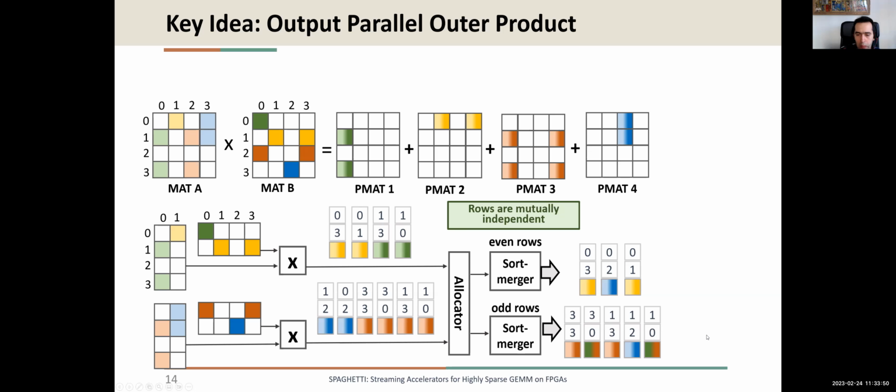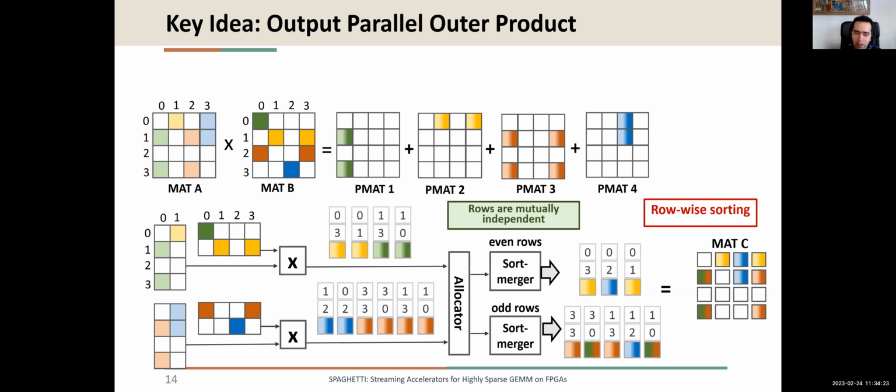And so if you look at this architecture, now we have 2 sorters and mergers that are doing the job in parallel. And well, the load might be a little bit different. This one is producing 3 elements. This one is producing 5 elements. But we can still do this in parallel.